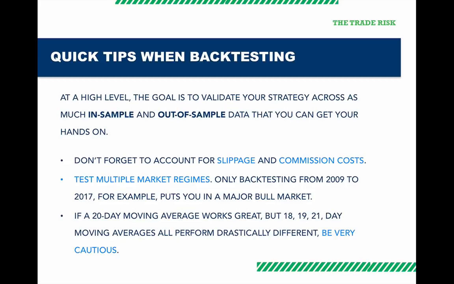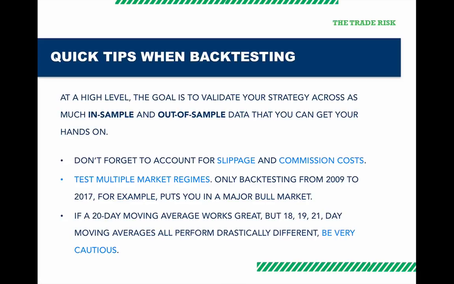You don't want drastic drop-offs, because that's going to tell you that something in the data, something that you've, quote, data mined out of there, or you've just luckily fallen upon, is working great with that 20-period moving average, and all of those others next to it are not working great.